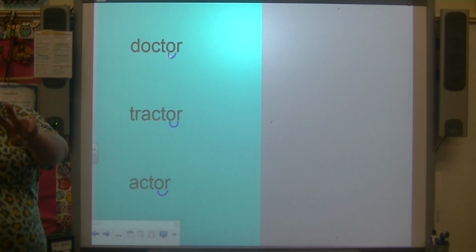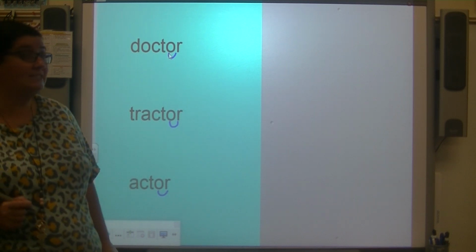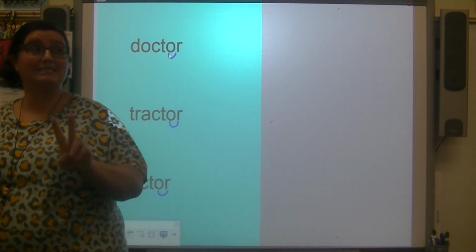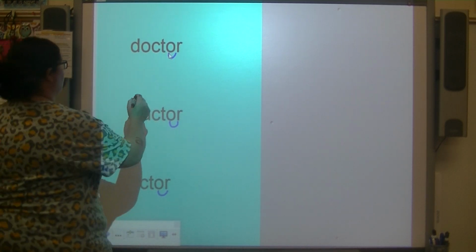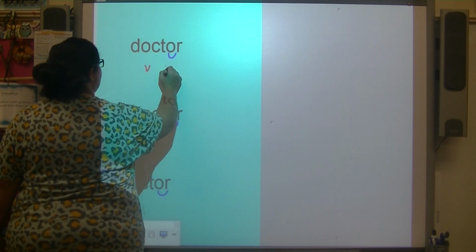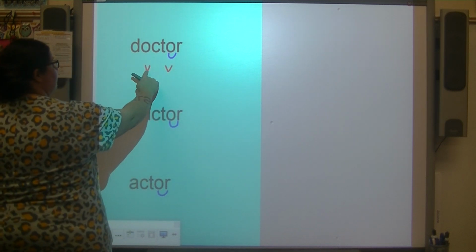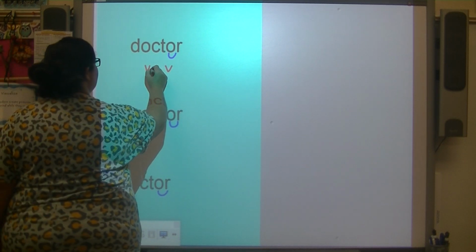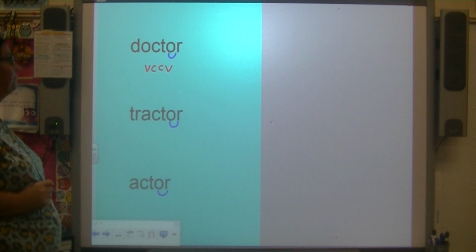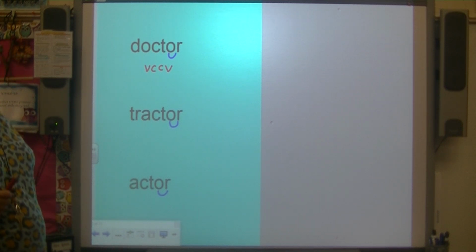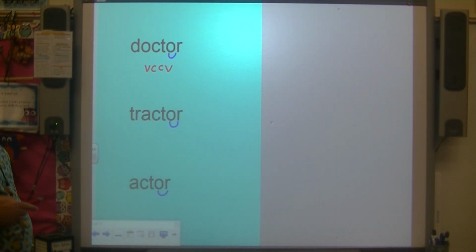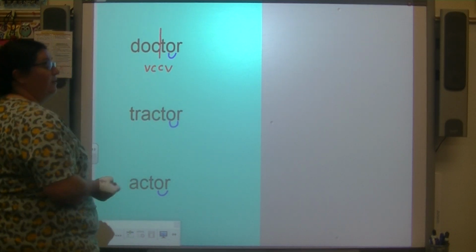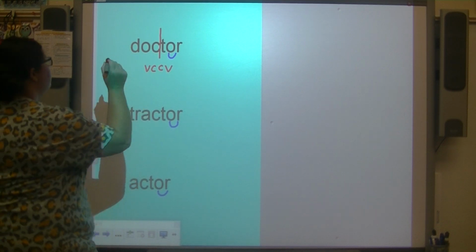I see 2 vowels. So this is how many syllable word? 2 vowels equals 2 syllables. So this is a 2-syllable word. So when I look, I find out it is a vowel, consonant, consonant, vowel, a V, C, C, V. Where do I divide? Between my 2 consonants. My accent is on the first syllable.